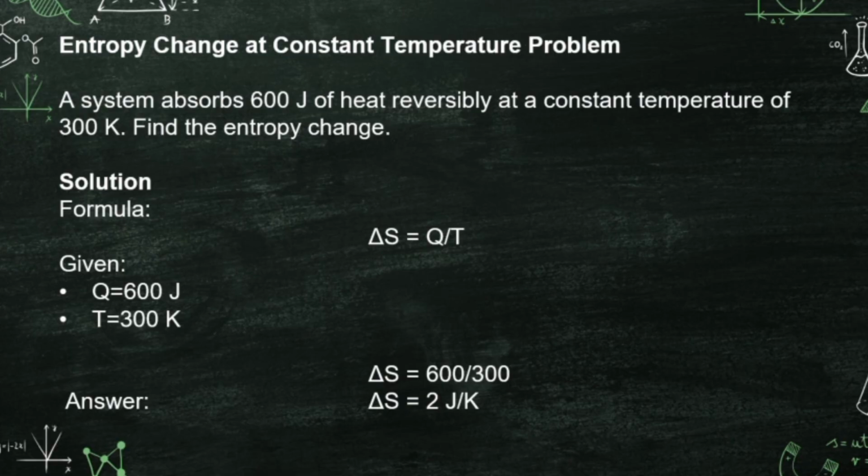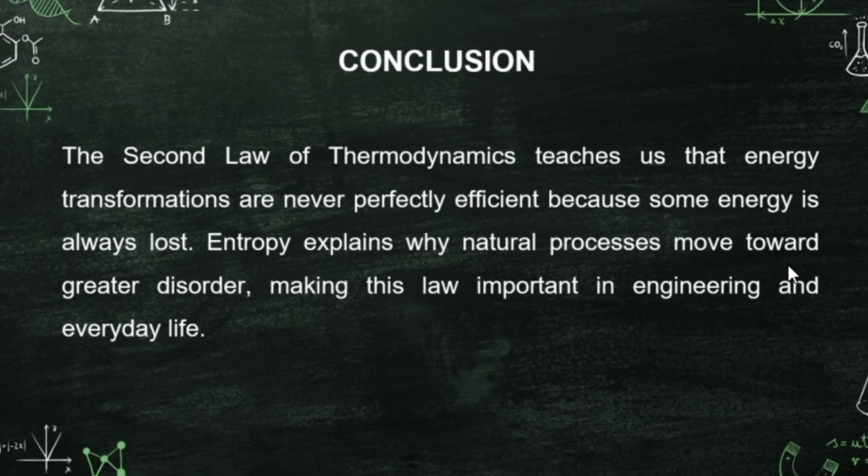Using the formula, delta S equals Q divided by T. So we substitute the values. 600 divided by 300 equals 2 joules per Kelvin. Therefore, the entropy change is 2 joules per Kelvin.